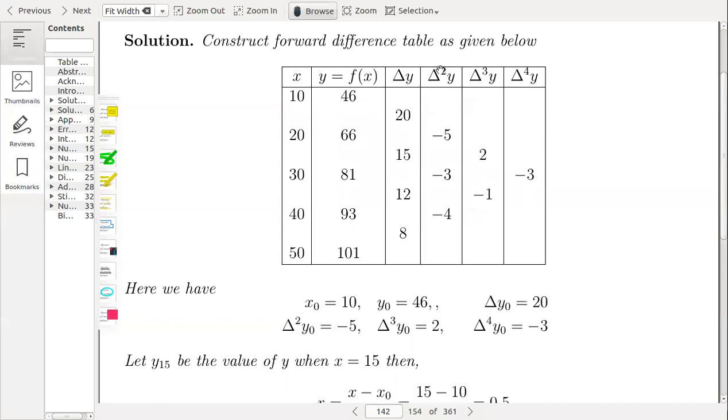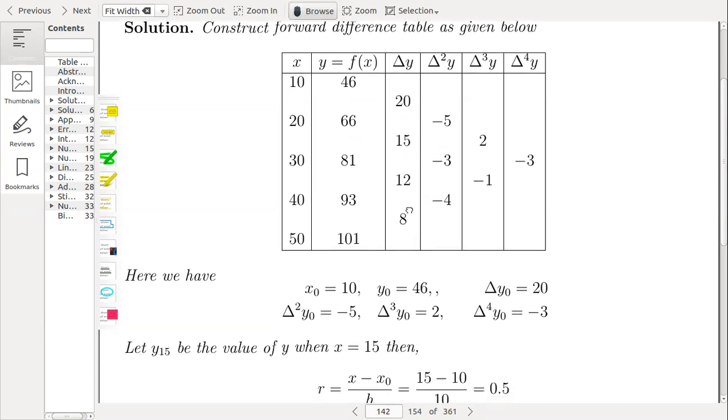And for the second order forward difference, we can calculate as 8 minus 12 is minus 4, 12 minus 15 is minus 3, 15 minus 20 is minus 5. And for the third order forward difference, minus 4 minus (minus 3) is minus 1, minus 3 minus (minus 5) is 2. And then for the fourth order forward difference, minus 1 minus 2 is equal to minus 3.